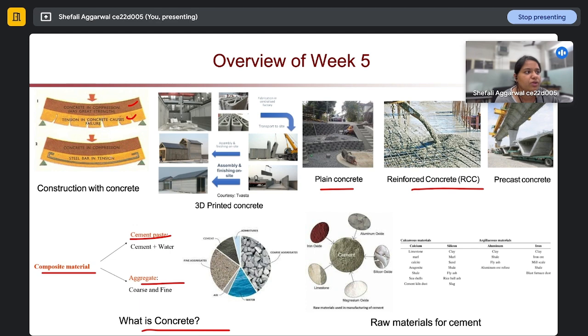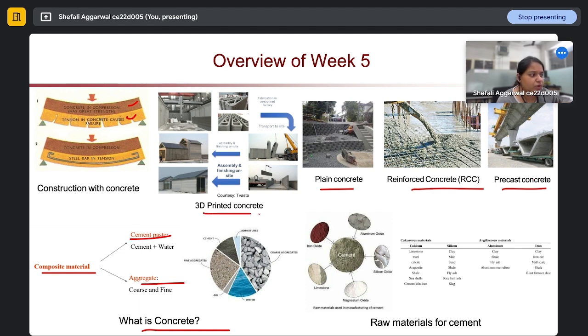So that's why we use a reinforced structure with concrete. Next is precast concrete. Precast concrete is concrete which is not cast on the site. It is cast in the industry, and then the different elements are taken to the site and joined together using different techniques.